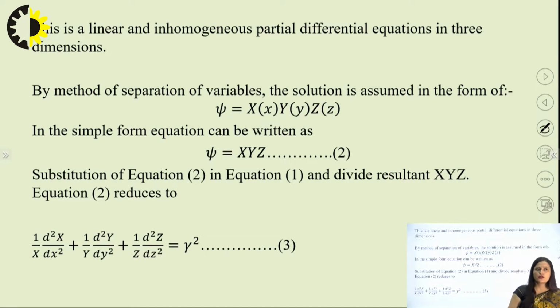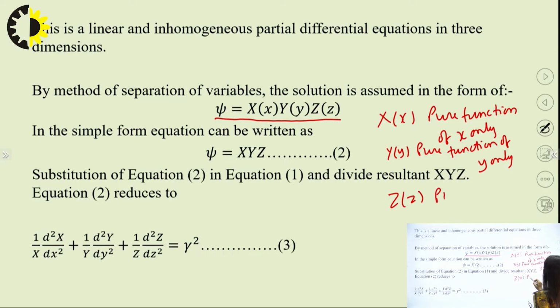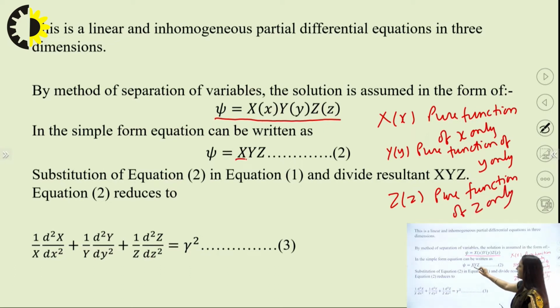By using the method of separation of variables, the solution is assumed to be xi is equal to X Y Z. Here X is a pure function of x only, and Y is a pure function of y only, and in a similar way Z is a pure function of z only, right. So we can rewrite this as X(x), Y(y) and Z(z).